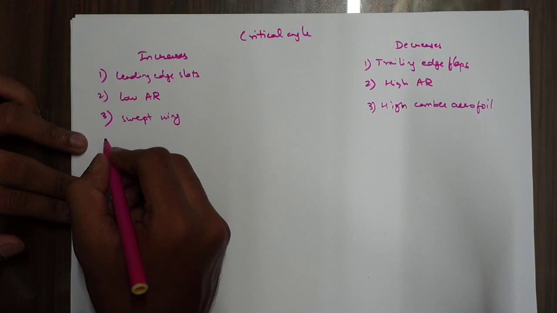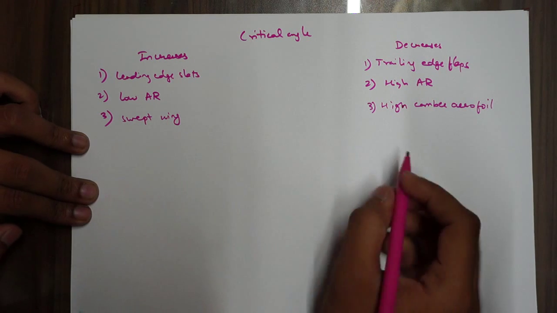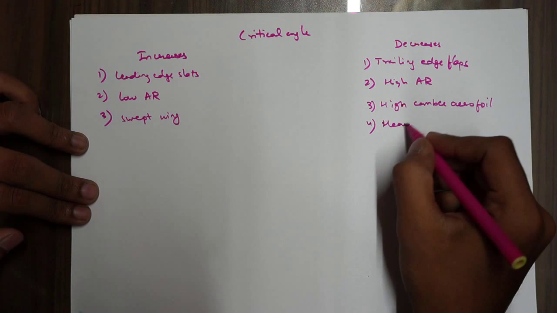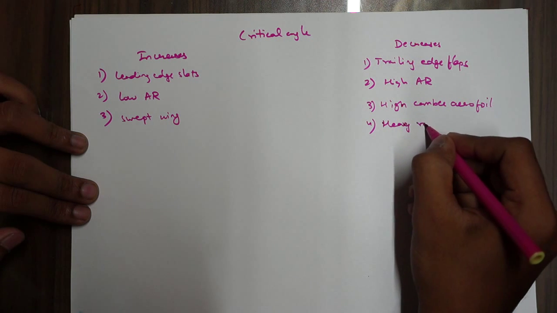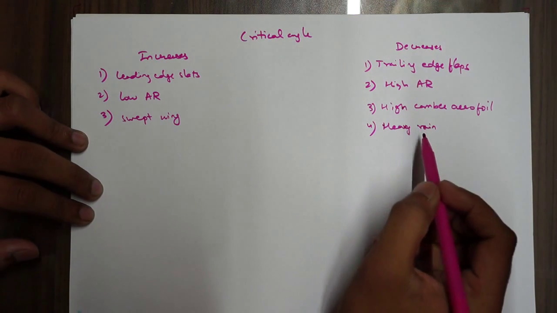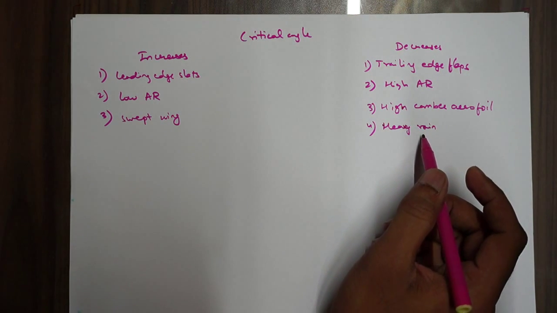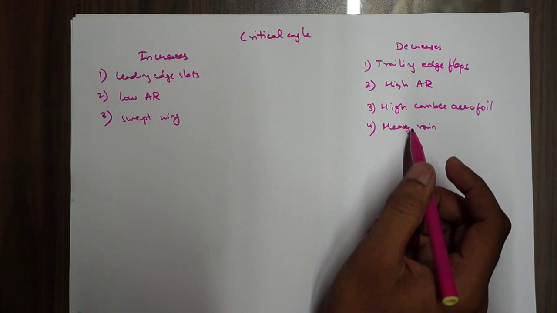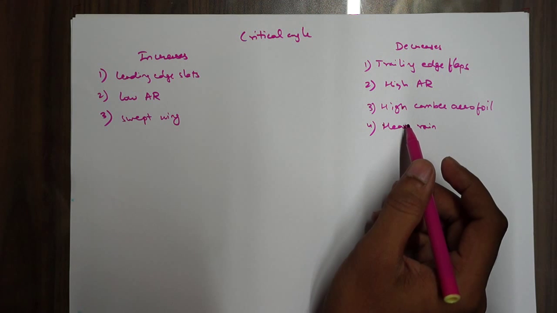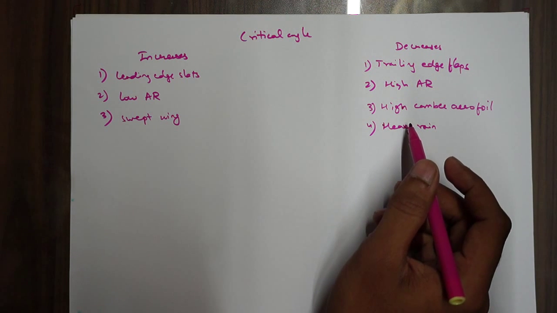One more is heavy rain. You'll stall very fast at a lower stalling angle when you have heavy downpour. And weight does not affect critical angle. This is an important point to remember.